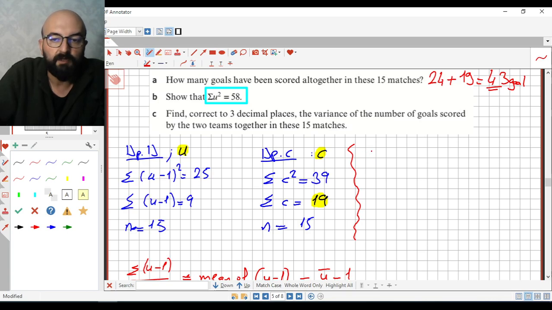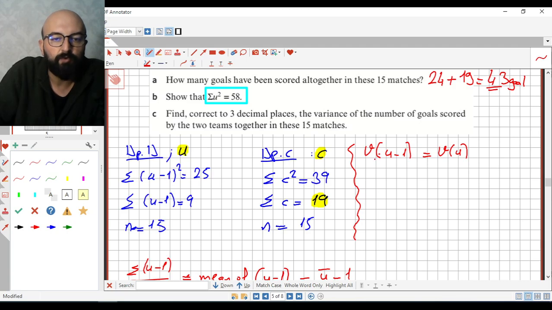The variance of U minus 1 is also the same as the variance of U, because the factor of U is 1.